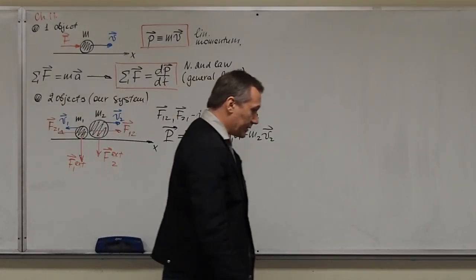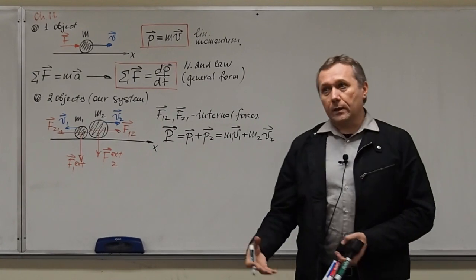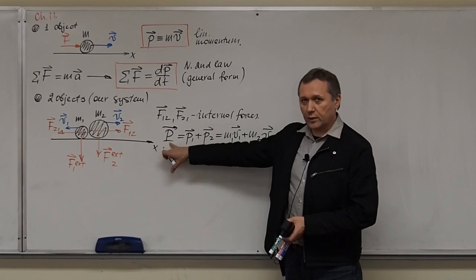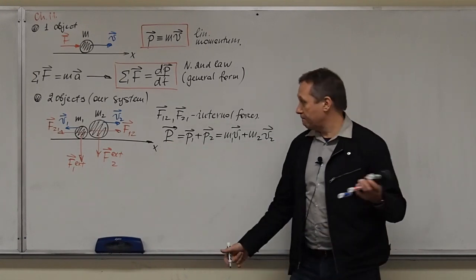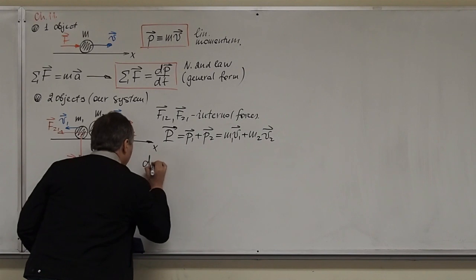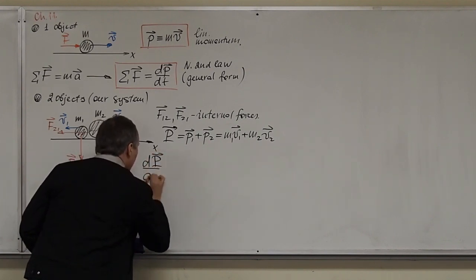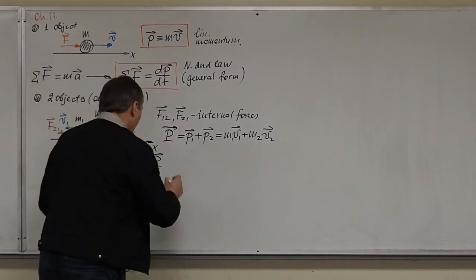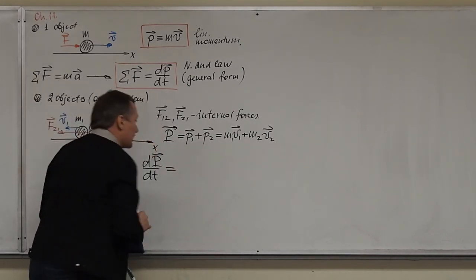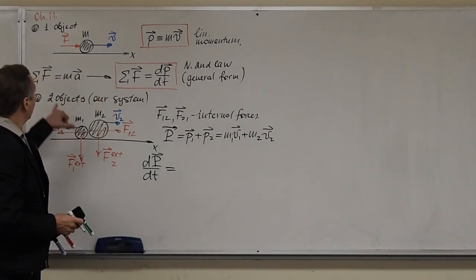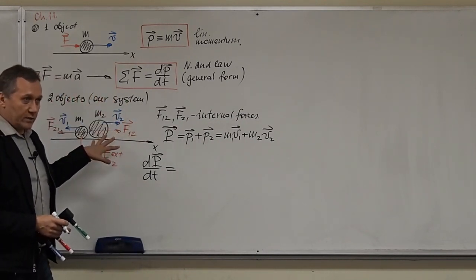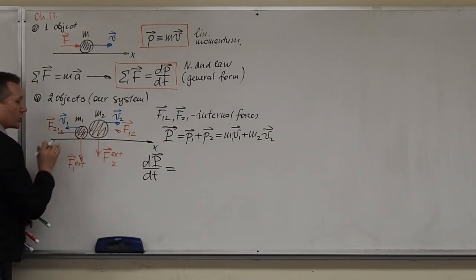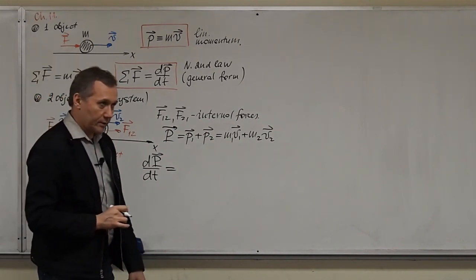Okay, then, in the previous lecture, we showed that if you look at the rate of change of the total linear momentum, this capital P, which is dP over dt, it is equal not to all forces acting on the system, but only to the net external force acting on the system.